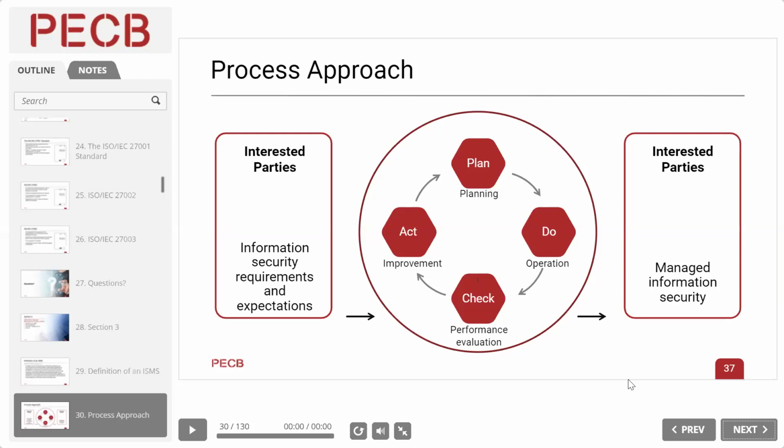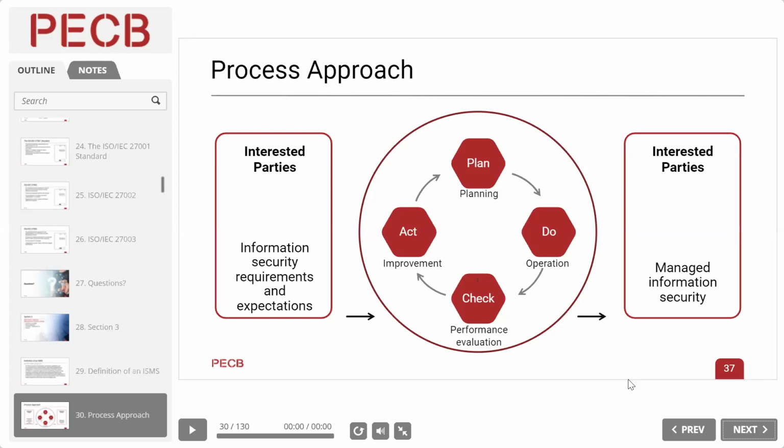Your processes, you use them, you check them, you audit them, you look at how they are effective and efficient, and then you improve them, and then you go back and look at your environment to see if that process is still relevant. So Plan, Do, Check, Act is an integral, fundamental approach within ISO 27001 and all the other management systems.